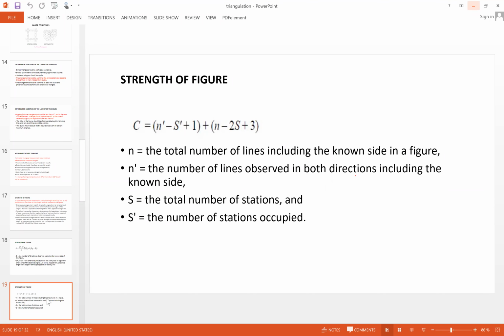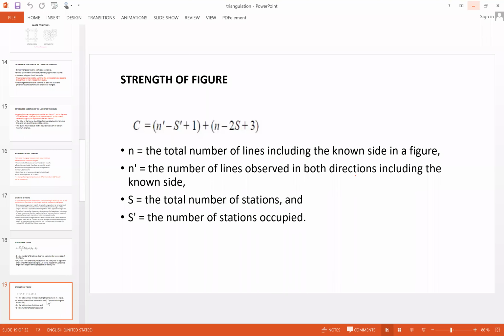N dash is the total number of lines observed in both directions including the known side. Okay, n is our total number of lines including the known side, and n dash is the total number of lines observed in both directions. For example, if in a triangle ABC there is a side AB, and AB is measured from A to B and B to A again, this is what is meant by observed in both directions.